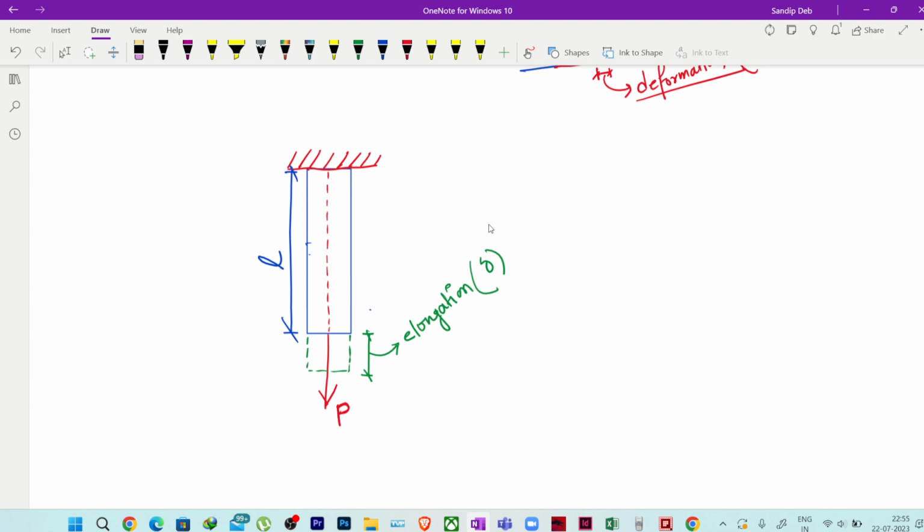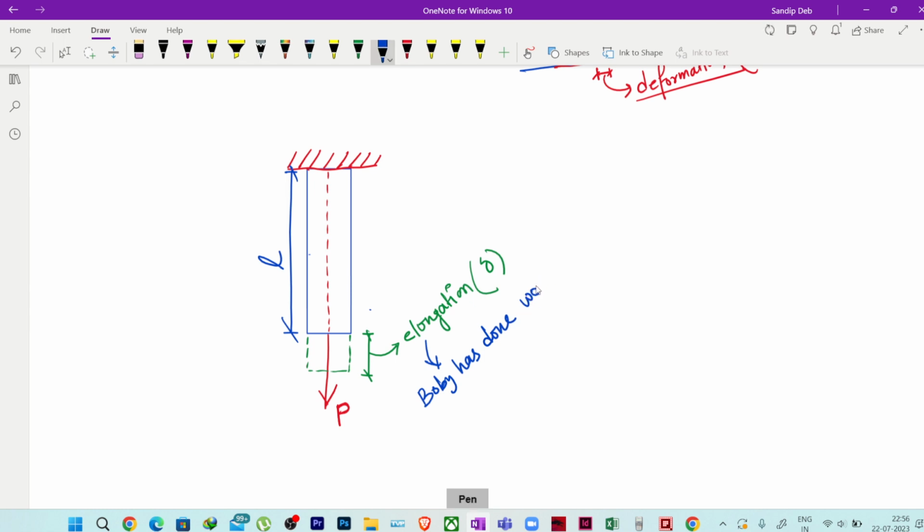So I have applied a load and it has elongated. Due to this elongation, this body, this bar of any material that we are considering, obviously it is a body, correct? So this body has done some work. While elongating, this body has done some work, right?